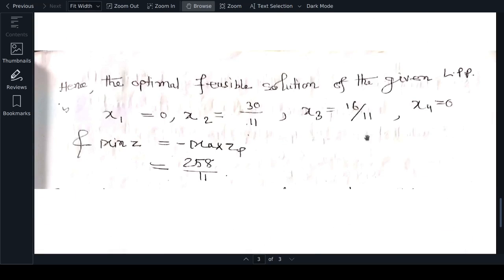Large M and negative M are used, which gives a penalty, so another name is the penalty method. Big M method or penalty method, or sometimes it is not mentioned and it just says solve the linear programming problem. Sometimes they ask for the big M method to confuse the candidate.